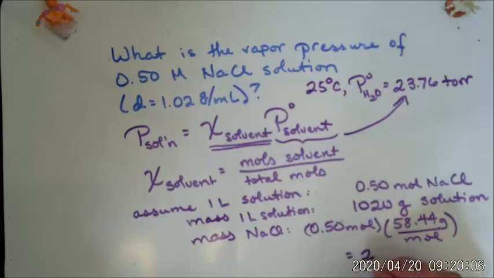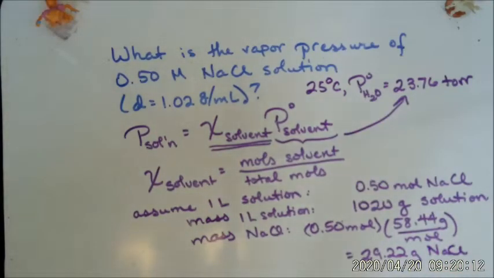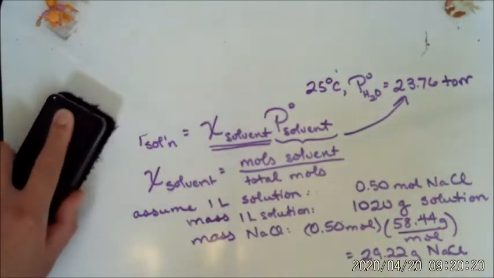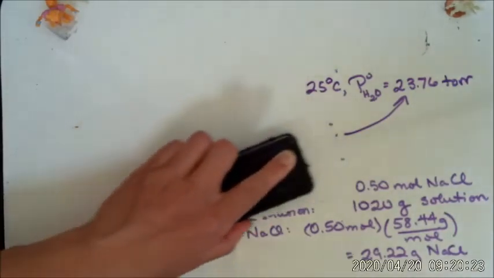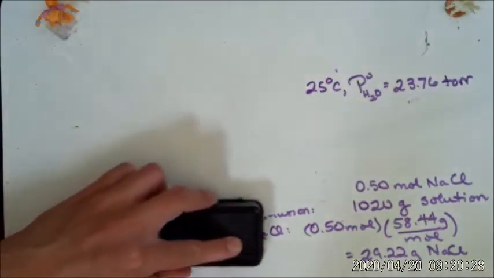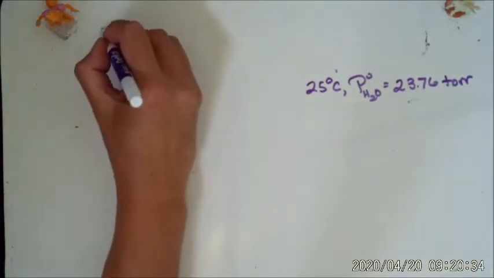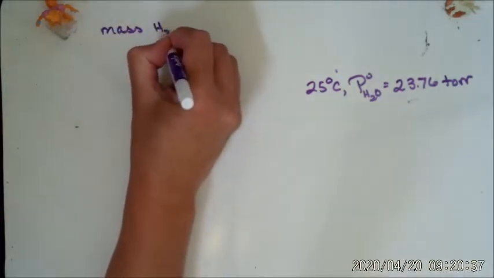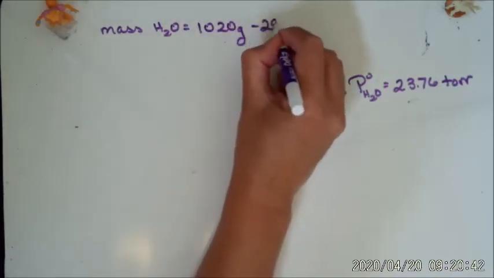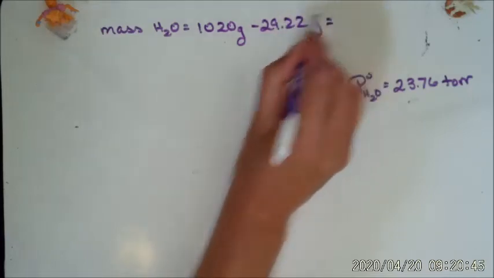And that gives us like 29.22 grams of sodium chloride. Okay, so let's continue here. Okay, so the mass of water will be equal to 1020 grams minus the 29.22 grams, because that's my solute.